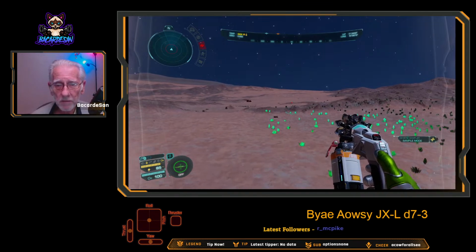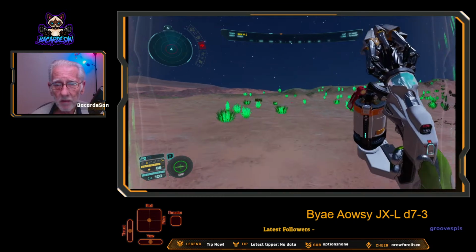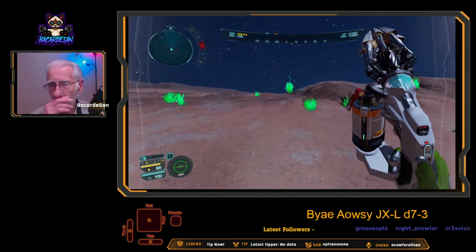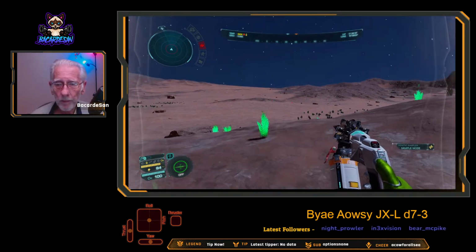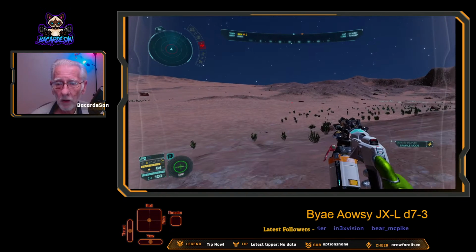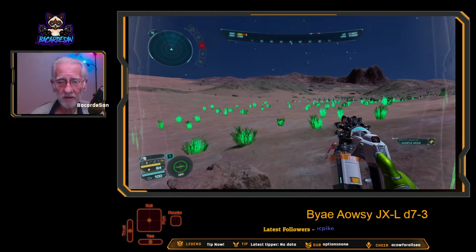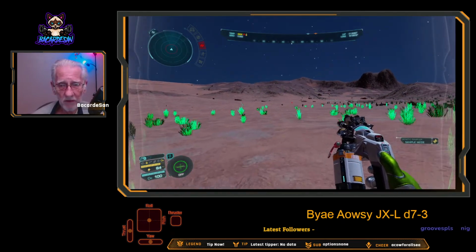Big patch. That looks different back there. Okay, I'll be able to get all of them in one pass here. I'll just grab one of these over here and then on the way back towards the ship, that should be far enough.